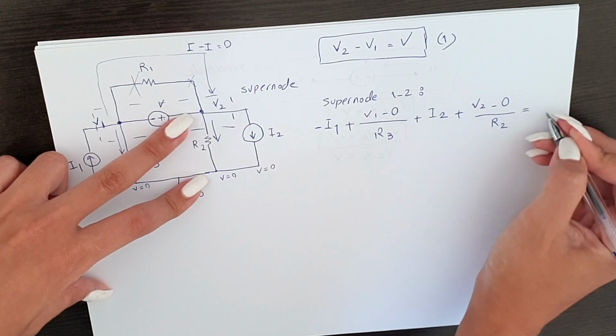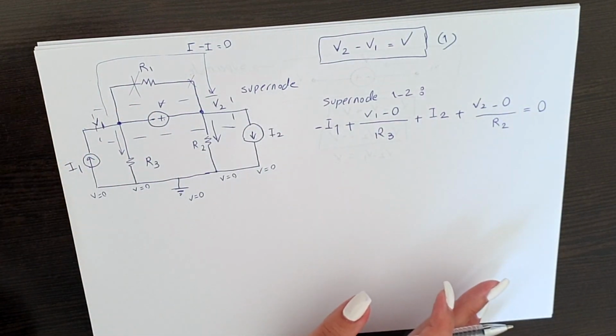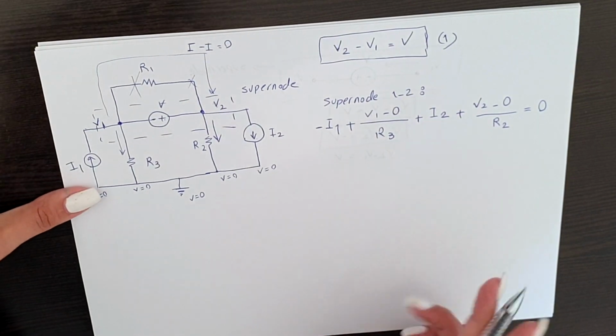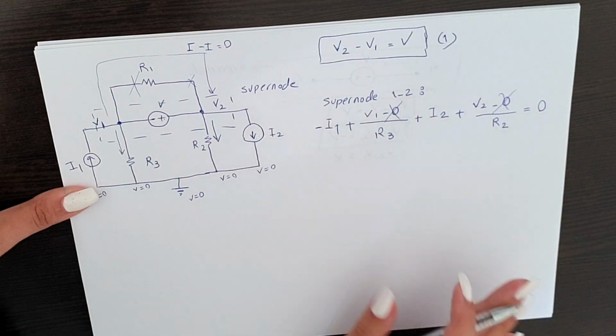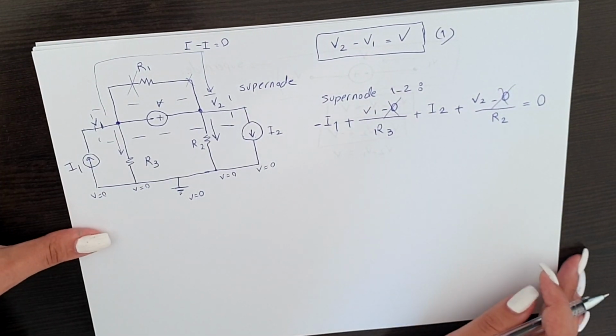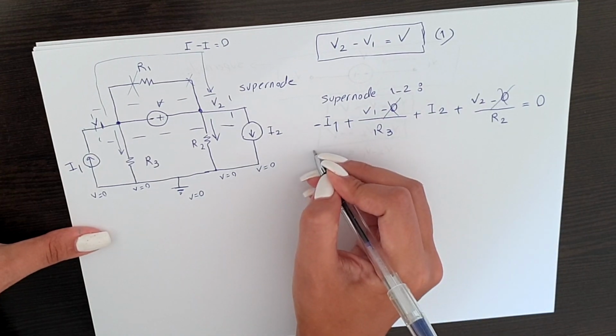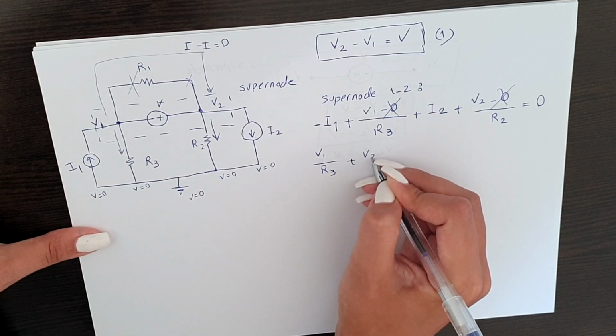This whole thing is equal to 0 because we wrote all the branches that are sending or getting current from our supernode. These zeros are going to be cancelled because they have no value. So this gives us V1 over R3 plus V2 over R2.